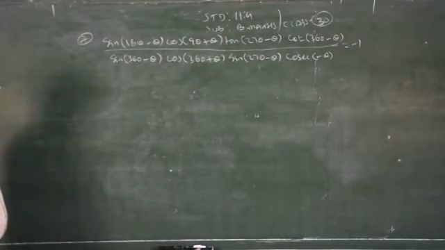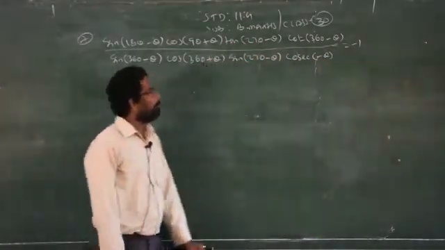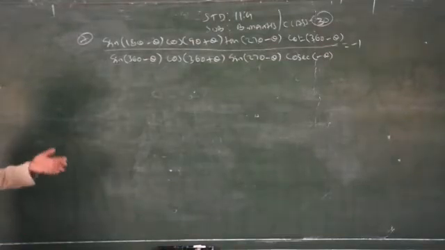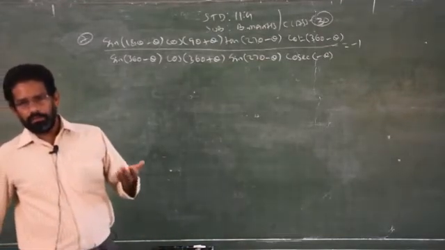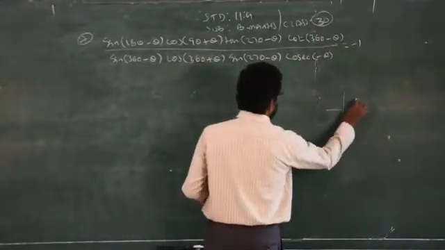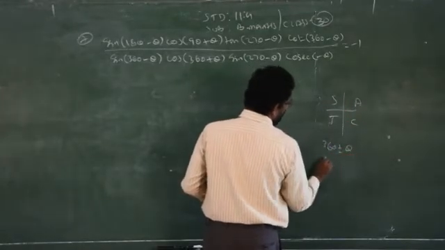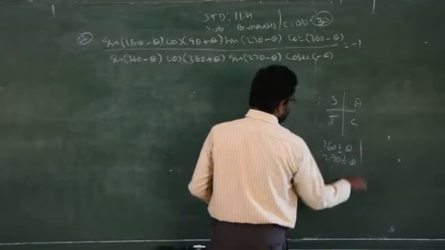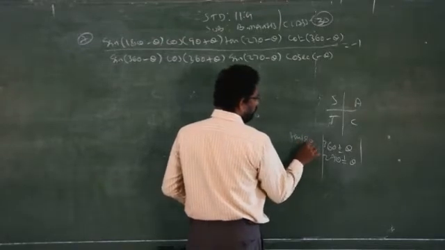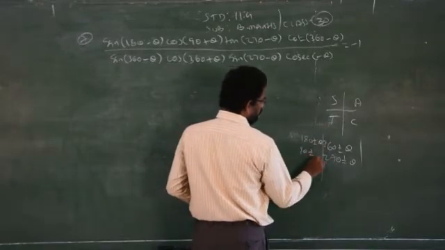So you have to simplify this ratio and your result must be equal to how much? Minus 1. So now you have to apply, or you can recollect, that basic property: ASTC, 360 plus or minus theta, 270 plus or minus theta, and one more, 180 plus or minus theta, 90 plus or minus theta.